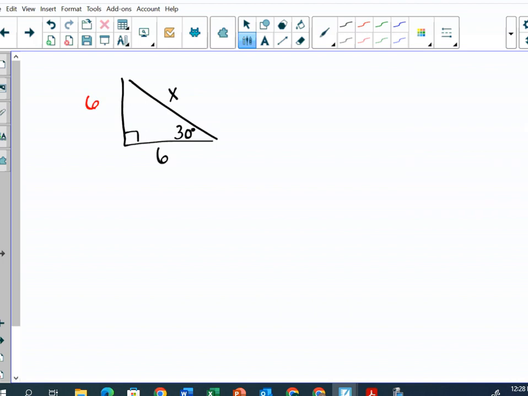Yeah, so over here, this is 6 over root 3. So when I rationalize it, I get 6 root 3 over 3, which is really 2 root 3. That's your short leg. So then how do I find the hypotenuse? That times 2. Yep, so you get 4 root 3.